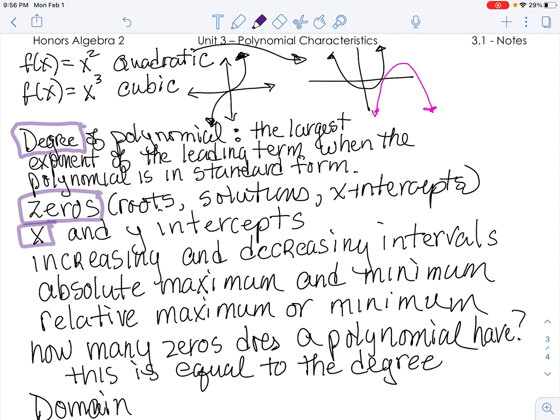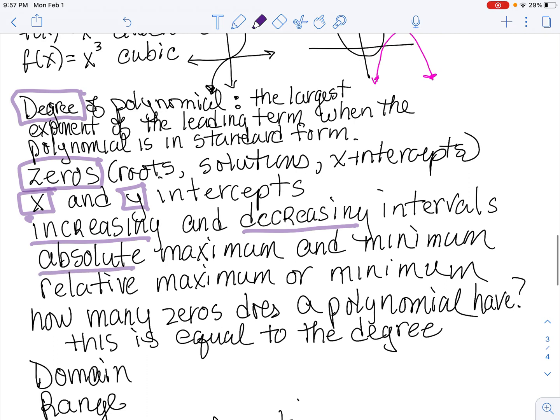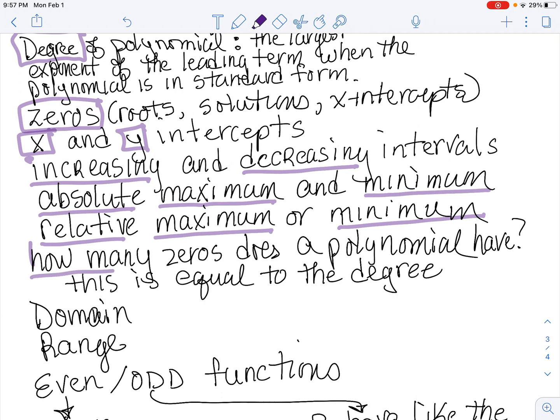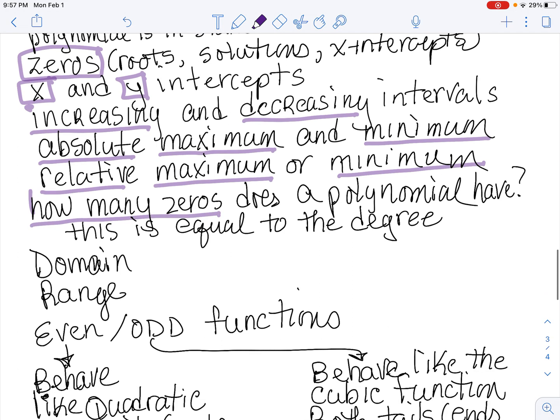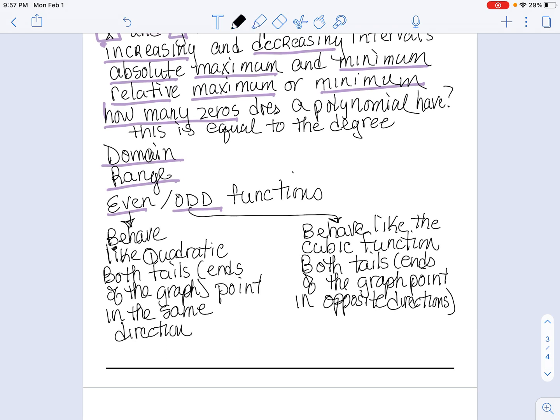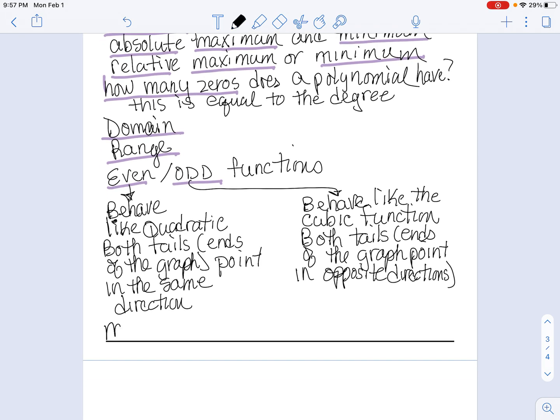Well, everything's important. But the degree, the zeros, okay, x and y intercepts, increasing, decreasing, absolute max and min, relative max and min. How many zeros does a polynomial have? Domain, range, even, odd. Wow, a lot of stuff in this.